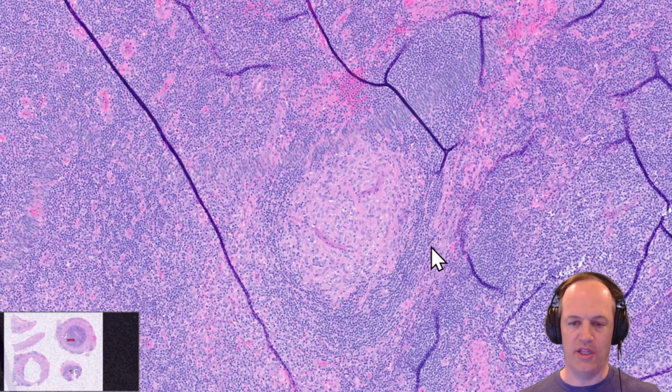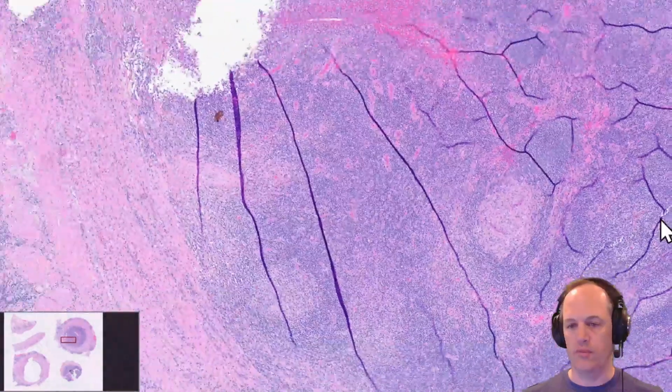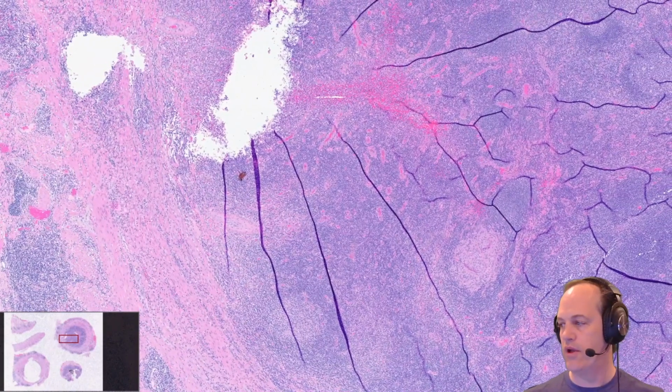But probably the most common thing, if you found this in a kid, is that granulomatous appendicitis would most commonly be associated with Crohn's disease. If these granulomas were caseating, you might think about fungus or acid-fast organisms, but these are non-caseating granulomas. So most likely, this patient actually might have Crohn's disease. So that's going to require some workup to figure out what's actually going on.